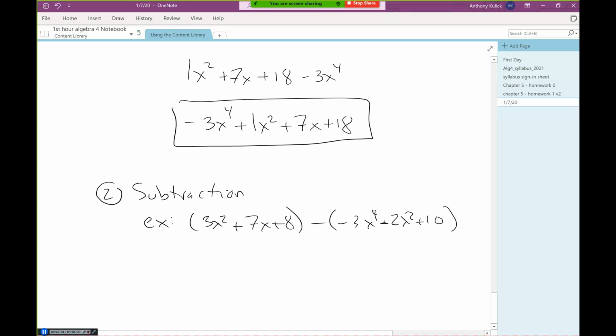Now, you guys remember from like elementary school that subtraction is the same thing as like adding a negative, right? So that's really the way that I would think about this.